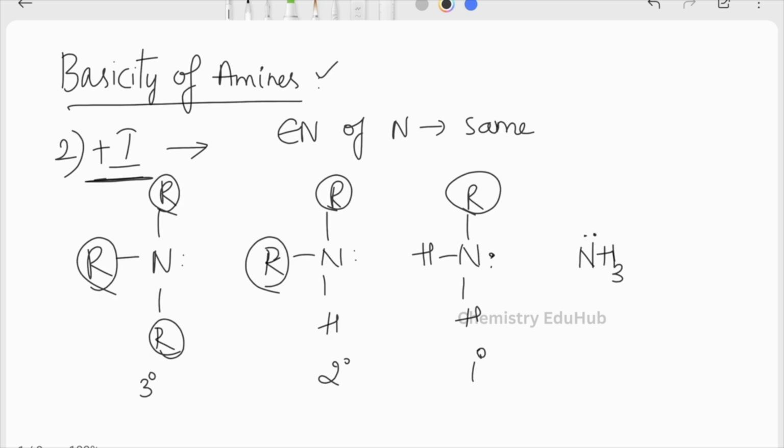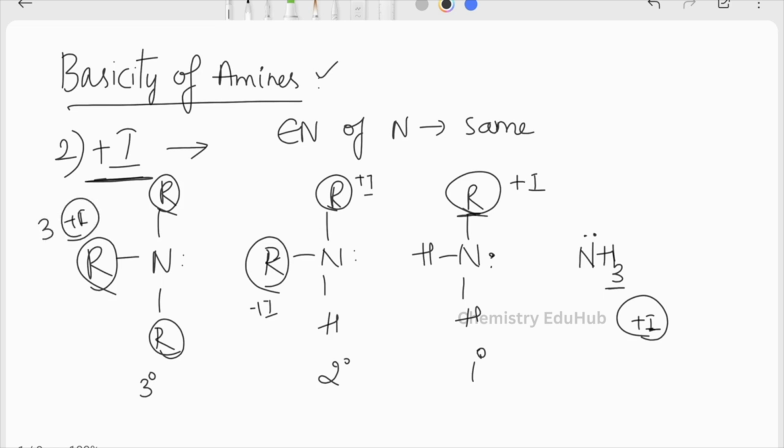Now simple NH3 is ammonia. So here we have hydrogens. We know hydrogen is a very less effective plus-I group, and R groups are slightly more effective plus-I groups. So here there is only one plus-I group, here there are two plus-I groups, and here there are three plus-I groups.